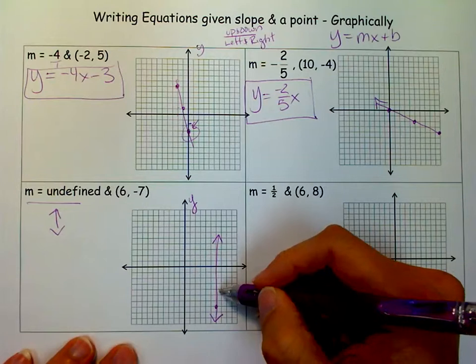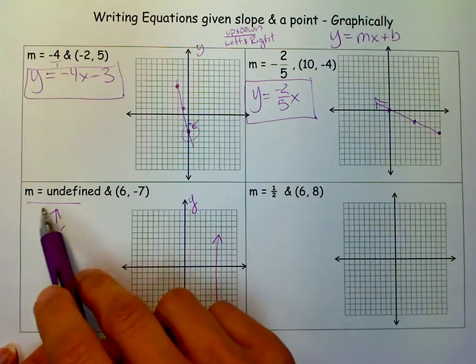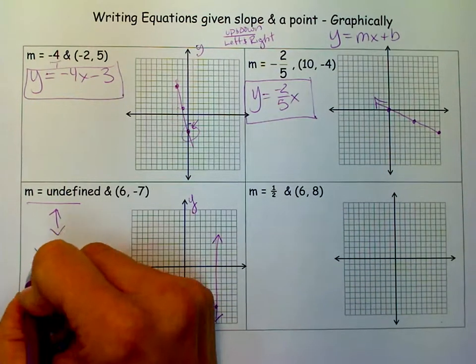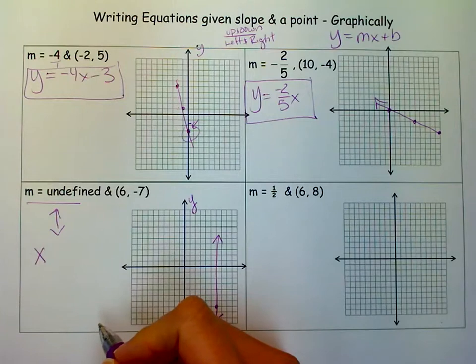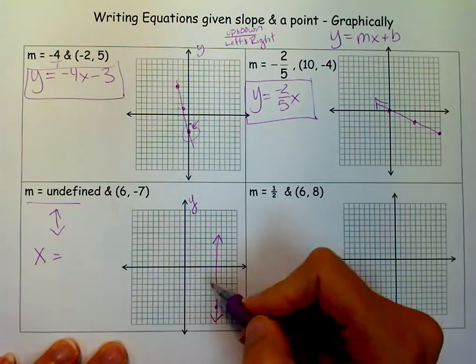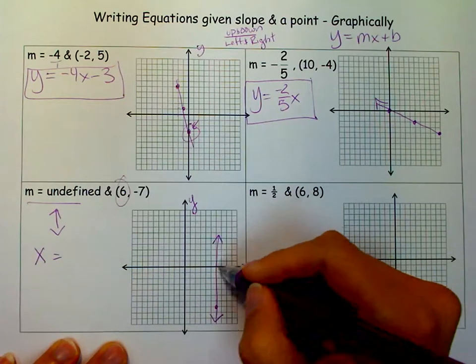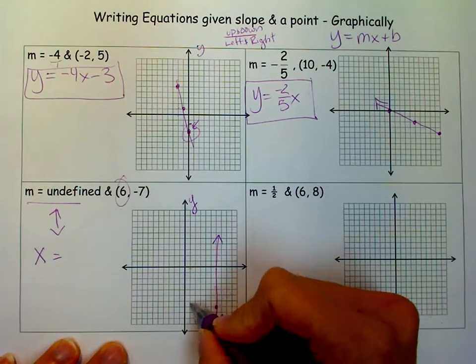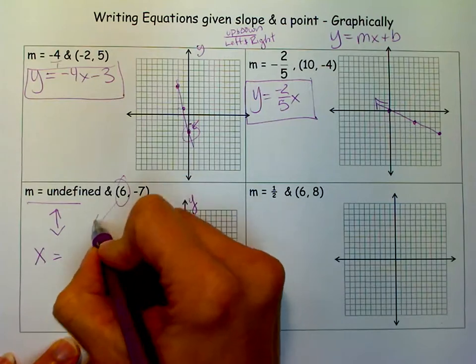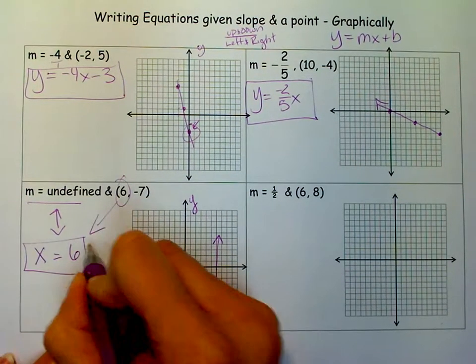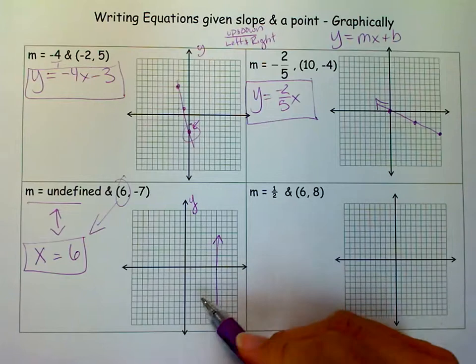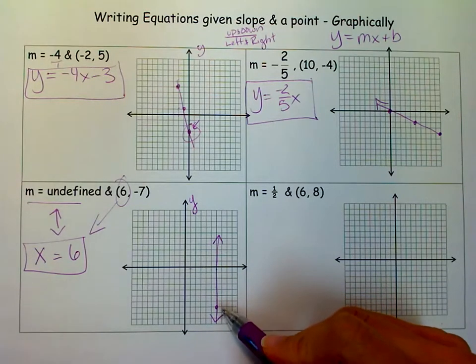And hopefully you remember that when you have a line that's undefined, those lines only have x in them. They don't have any y's. And if they only have x, you need to find what x is on this line. Well, we know it's 6 because we're over 6 here, we're over 6 here, we're over 6 here. So we just write down x equals 6. And that is our equation for a line that's undefined that goes through 6, -7.